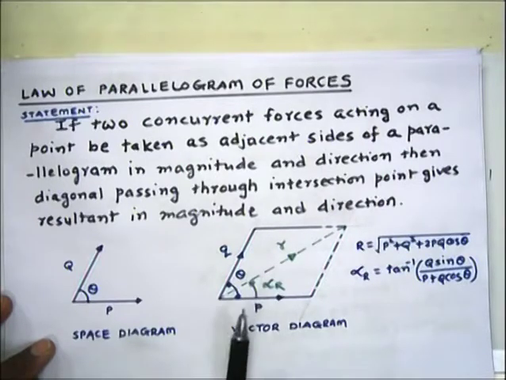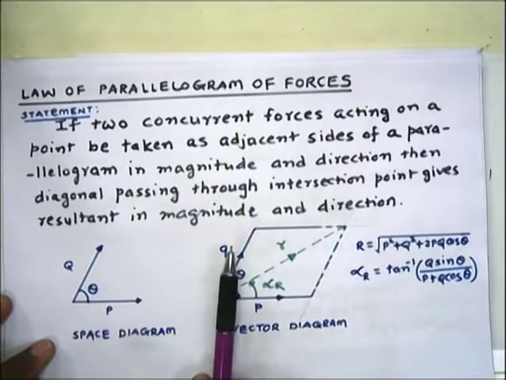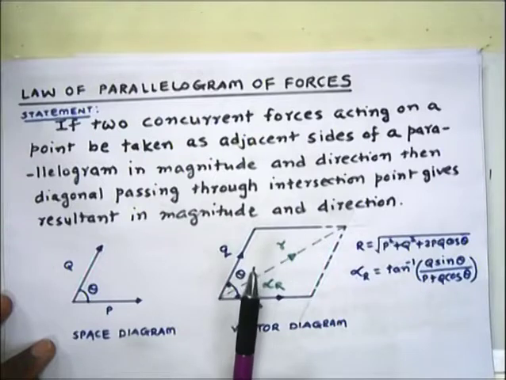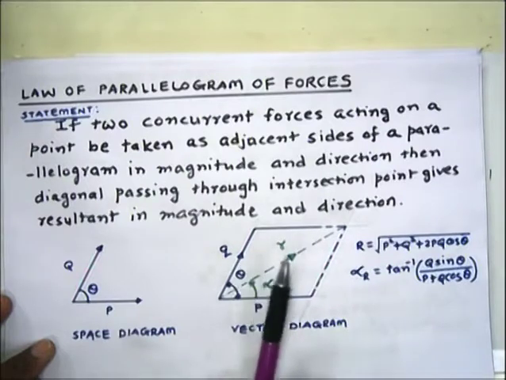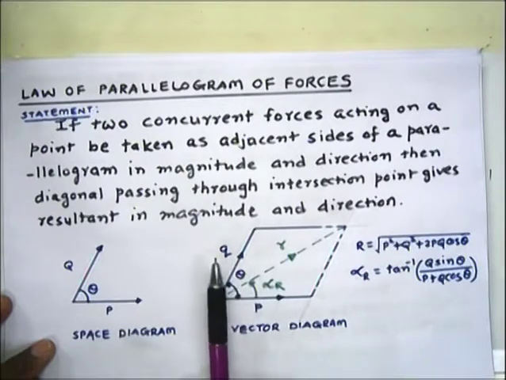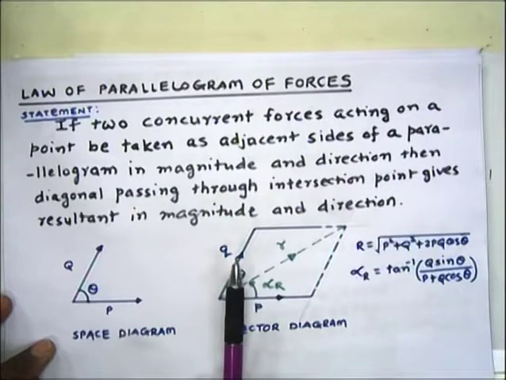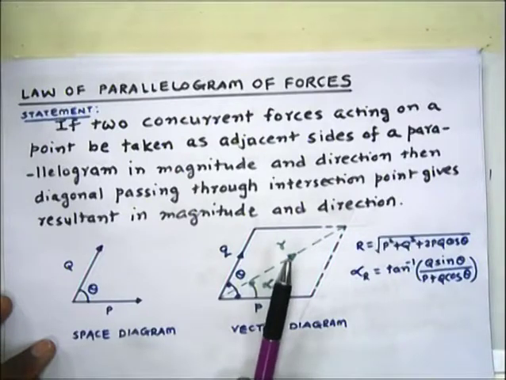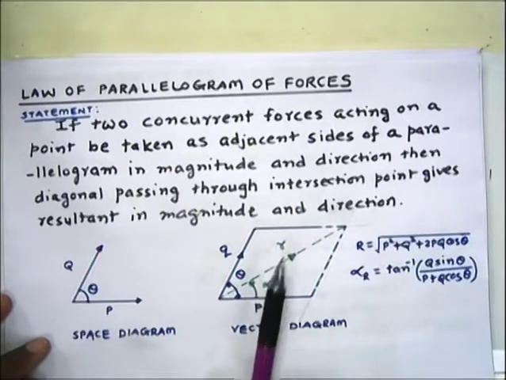You can see small p, small q, small r shown here. These are the values of the respective forces in terms of the scale we are taking for drawing. So to find the value of the force, you will have to convert these values as per scale into newtons or kilonewtons.